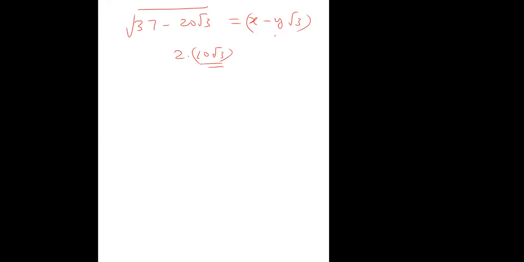So we can rewrite this as 5 into 2 root 3. 5 square is 25 and 2 root 3 square is 12. So obviously we need to see which one is greater. So accordingly, we can use the formula on that.